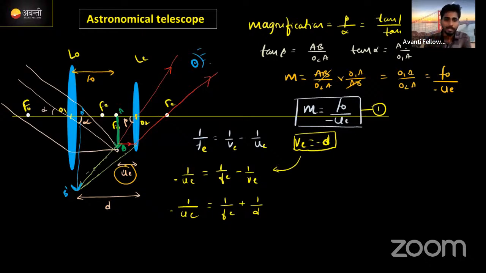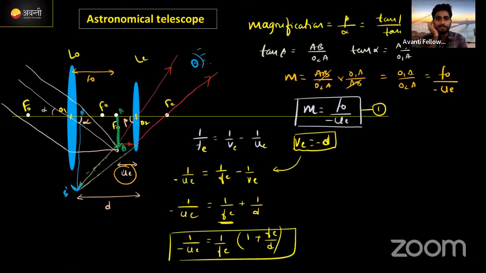Cool. Then देखो 1 by fe is there, no? I need some calculation for that's why I will take 1 by fe as an common. If you take 1 by fe as an common outside means 1 by fe, then what is the remaining thing here? 1 plus इधर क्या होता है? fe upon d होता है. This is nothing but minus 1 by ue.